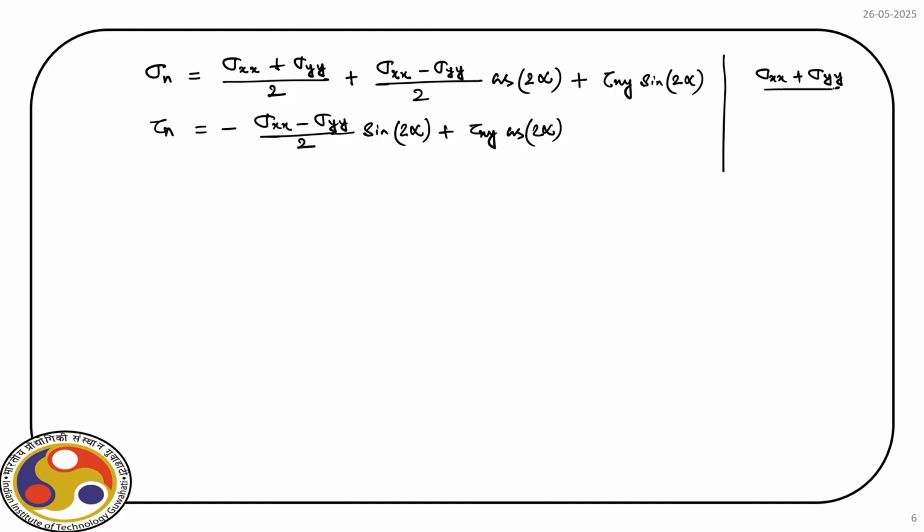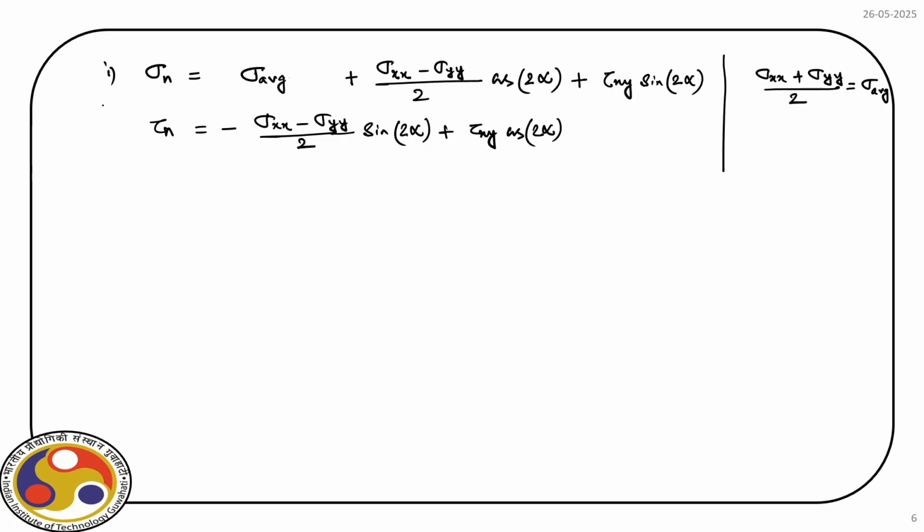If we take the average of these two, that is, we add them and divide by 2, we get the average of the normal stress. So, we can modify this expression. This is the sigma average.